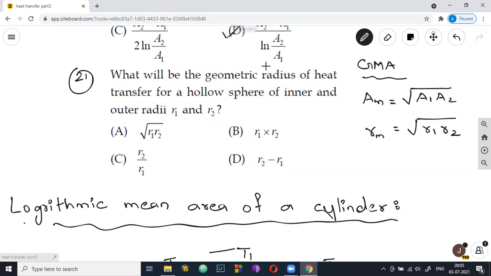Okay, so the answer is option A. Why this is called a geometric mean area is because your average area is the square root of two numbers. Square root of two numbers is always known as geometric mean. That's why in a sphere it is referred to as geometric mean area. In a cylinder, because I get a logarithmic function, it is referred to as logarithmic mean area.